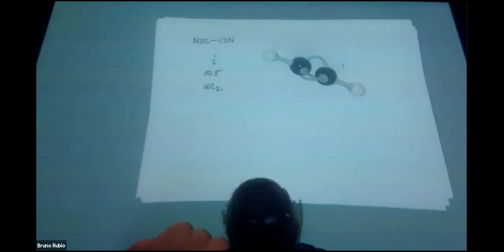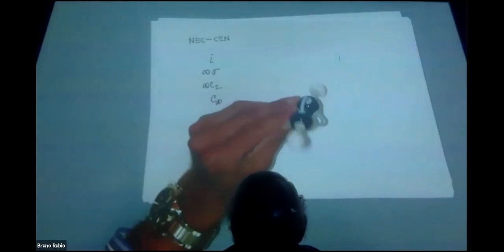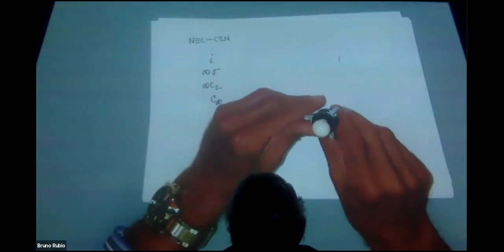What about axes of symmetry of order higher than 2? Does it have any axes of symmetry of order higher than 2? Yeah, it has a C infinity axis of symmetry. And where is that C infinity axis? It lies along the bond axis.